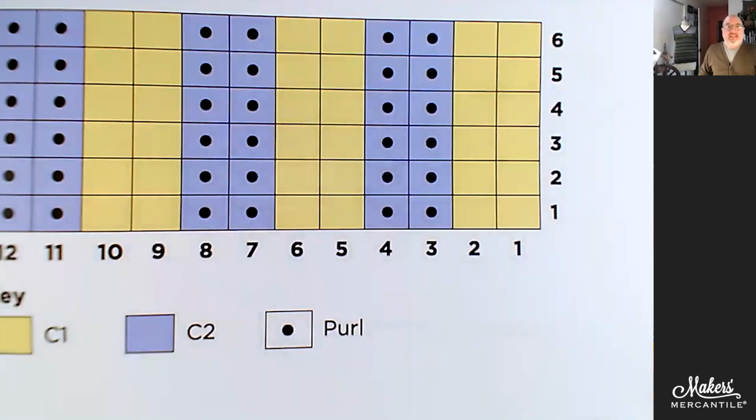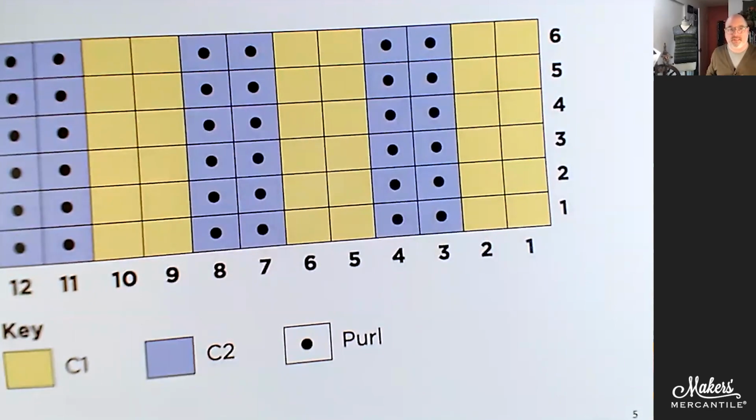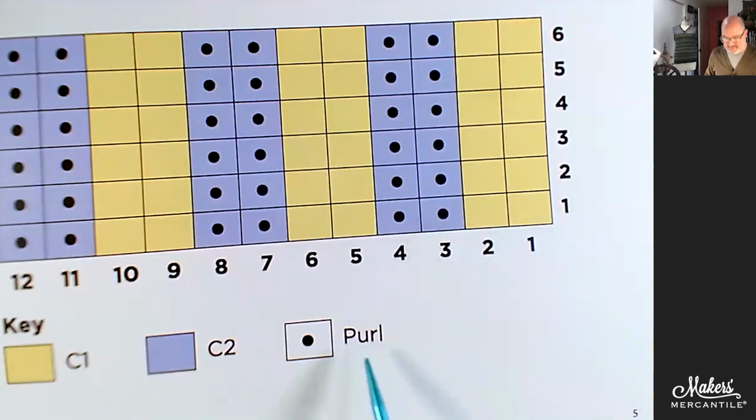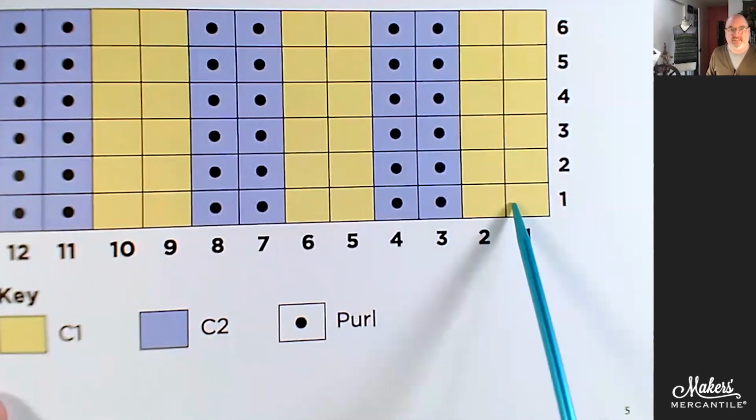So this looks like 2, like ribbing, right? It looks like a knit 2, but the key doesn't say knit. So how do I know that those are knit stitches?